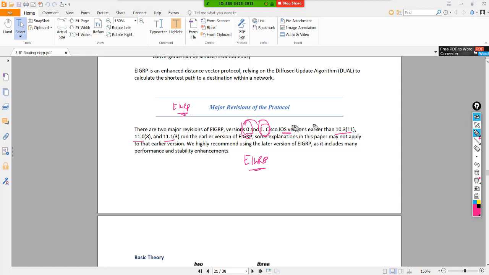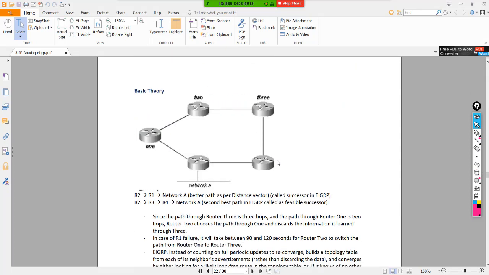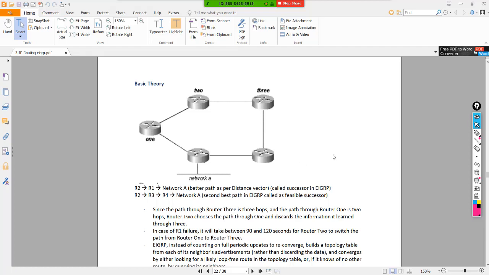But when we had these IOS software, we had two different versions of EIGRP, and there were differences in terms of timers and concepts as well. As of now, don't worry, it's just one EIGRP, but that's a little background information on EIGRP. Okay, now let's take this as an example.